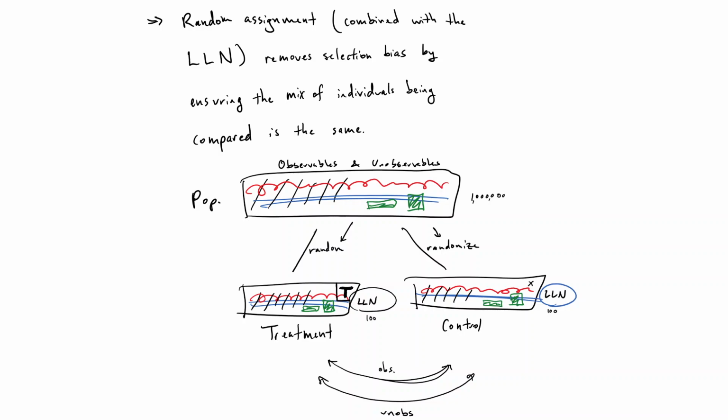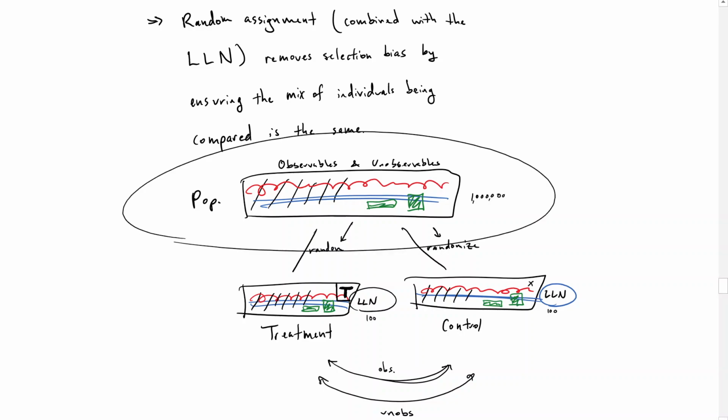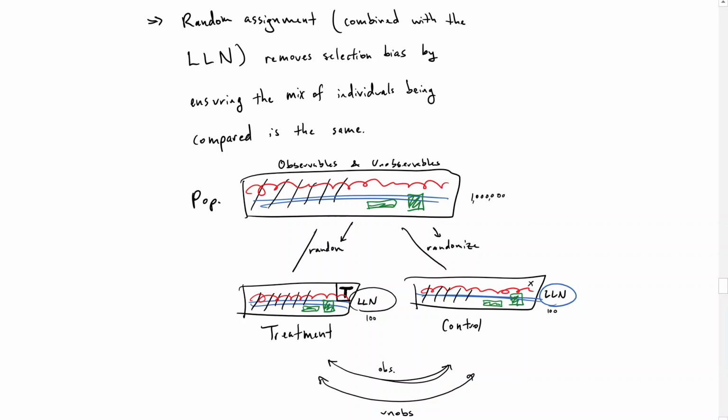little figure here where we have an underlying population, and this population has all sorts of observable and unobservable characteristics.